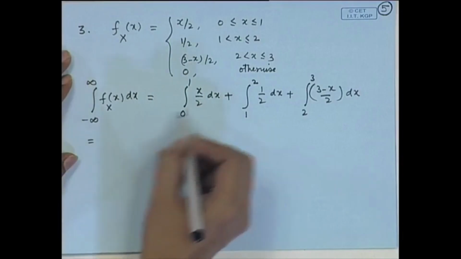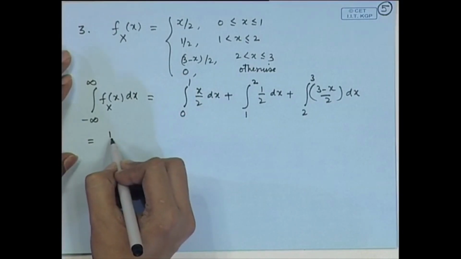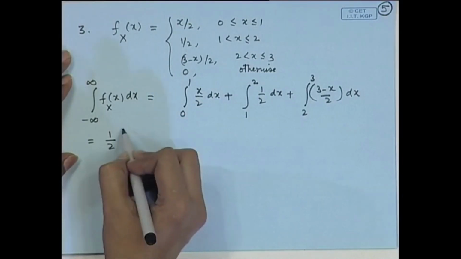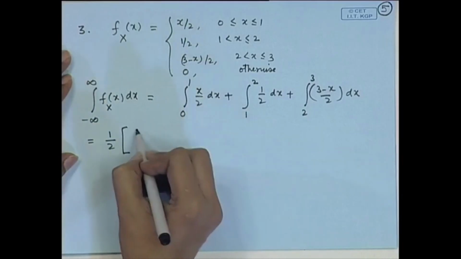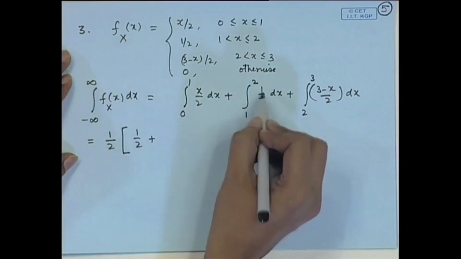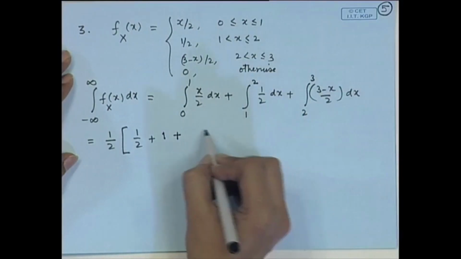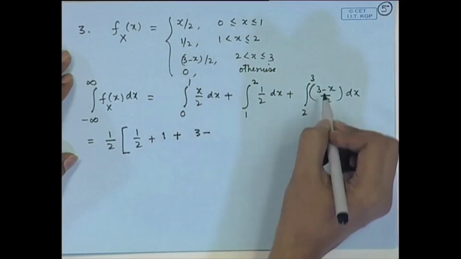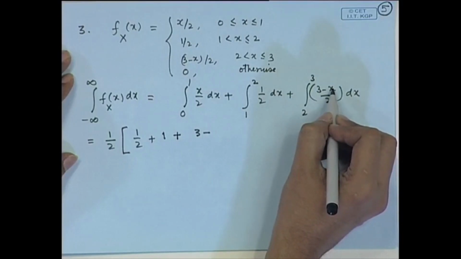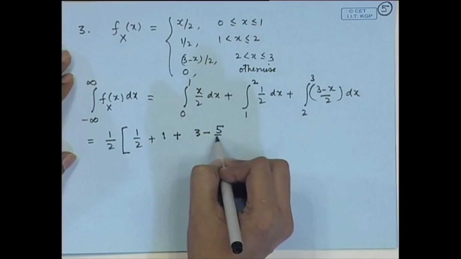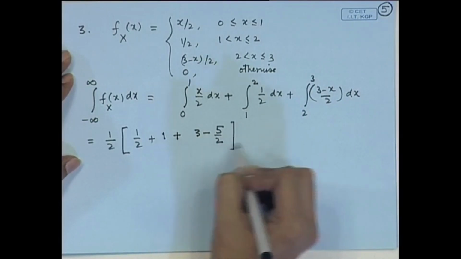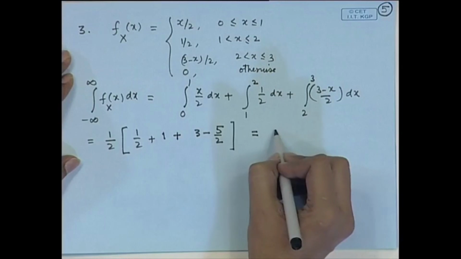So, if you integrate each of these terms, half can be kept outside, then you will get half plus 1 plus, here, 3 minus x square by 2. So, it becomes 9 minus 4, that is 5 by 2. So, clearly this is equal to 1.